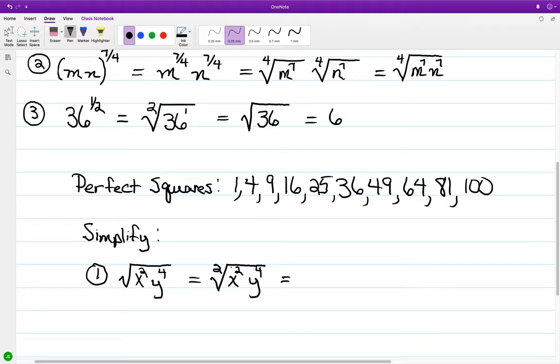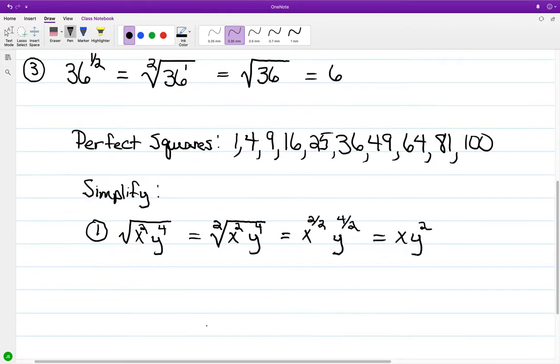If I go from radical to exponent, we have x to the m over n, so that's x to the 2 halves. For y to the m over n, your m value is 4, and n is 2, again that is the index number. And we have x to the first and y to the 4 halves, which becomes y squared. So the square root of x squared, y to the 4 reduces to x, y squared.